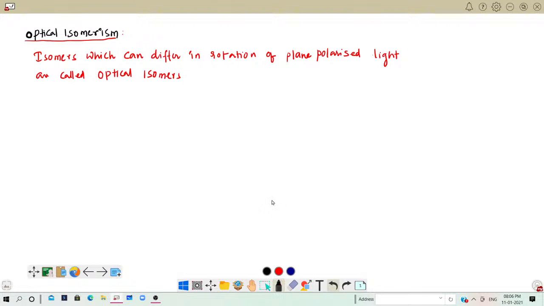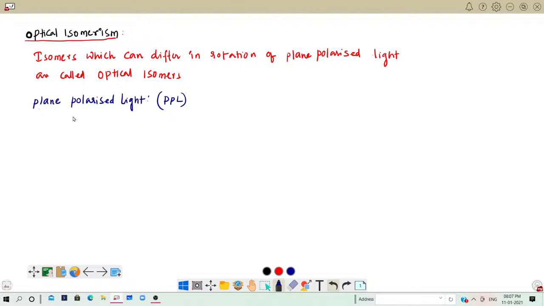So what is plane polarized light? Let me give an idea about plane polarized light. Plane polarized light, simply we can call it PPL.